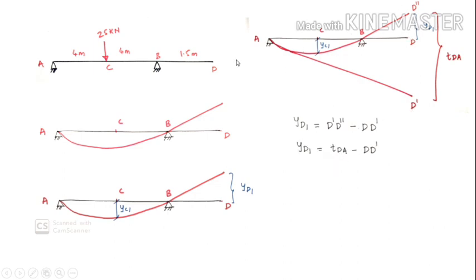After the application of the load, the final position of D is this point. When you draw the tangent with respect to A, D has this much deviation from the tangent with respect to A. So this D'D'' can also be known as tDA. So YD1 equals tDA minus DD'.